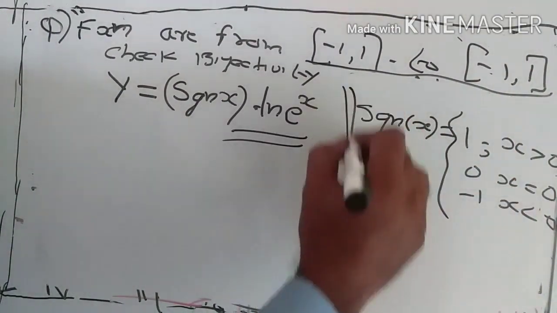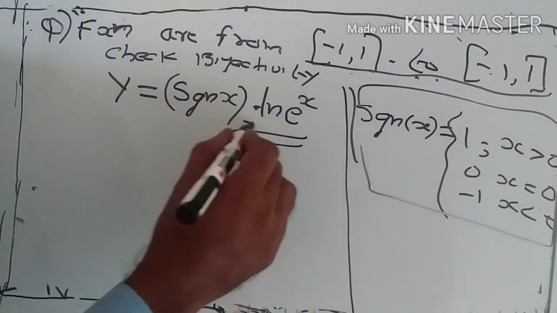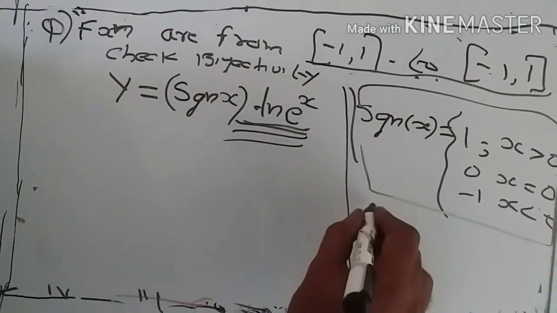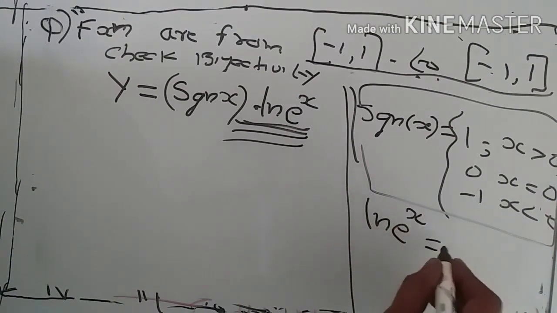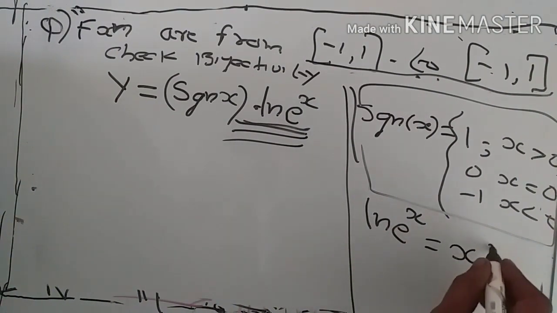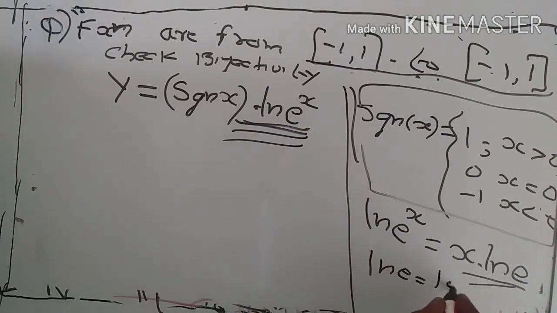This is the signum function. And consider ln e raised to x, which is equal to x into ln e.